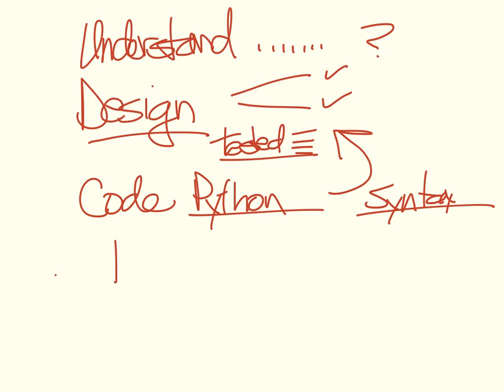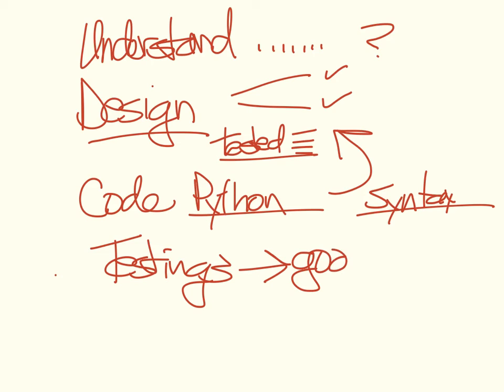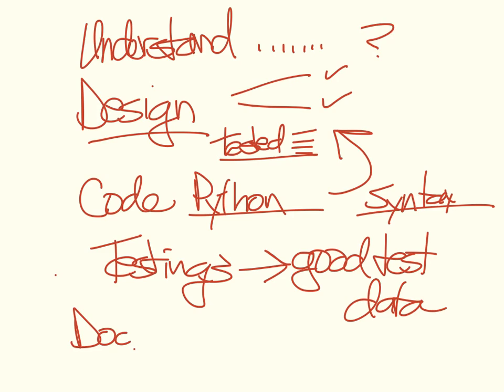After you get the coding done, do lots of testing, making sure it's working, using good test data. And then you finish up your documentation and go on to the next project. Alright, that's it.